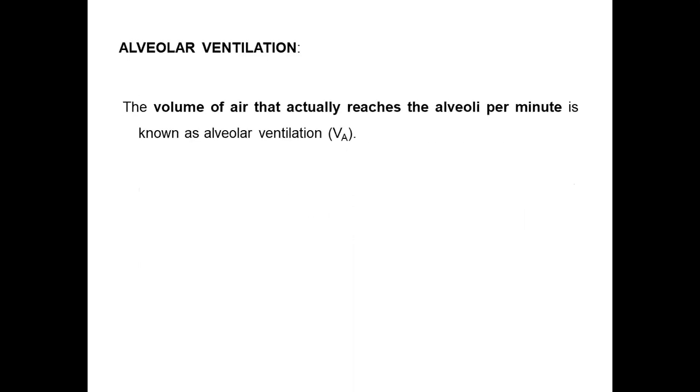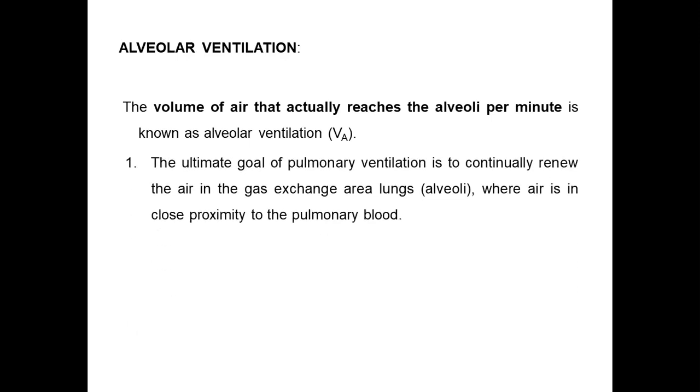Now we have also discussed alveolar ventilation, because the pulmonary ventilation may be 6 liters, but the volume of air which actually reaches the alveoli per minute, which is known as alveolar ventilation, is somewhat less. The goal of pulmonary ventilation is to have continuous renovation of air in the gas exchange area, which is the alveoli.